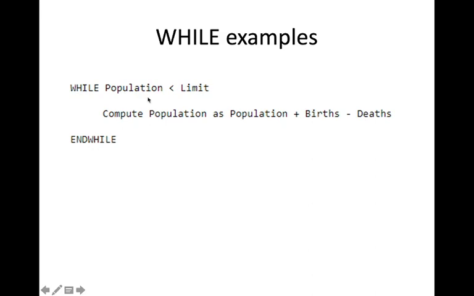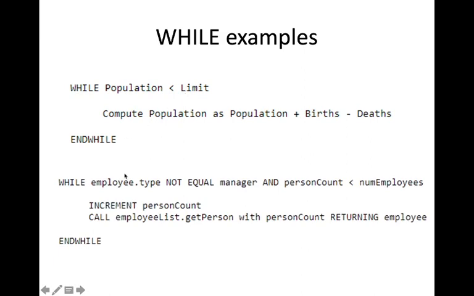This will be repeated until the condition, population less than limit, becomes false. Another example: while employee.type not equal to manager and present count less than number of employees. This is multiple conditions. Don't worry about all these things; we won't be using all these constructs when you write programs.